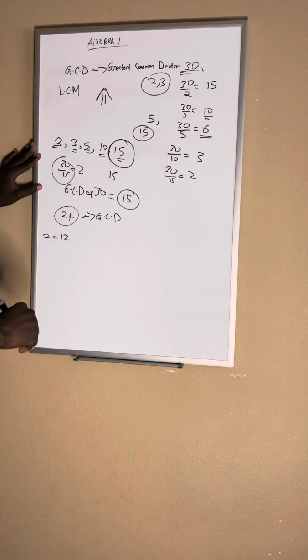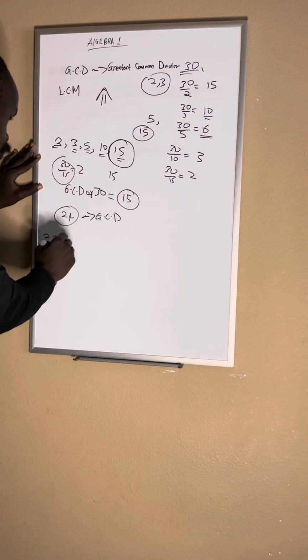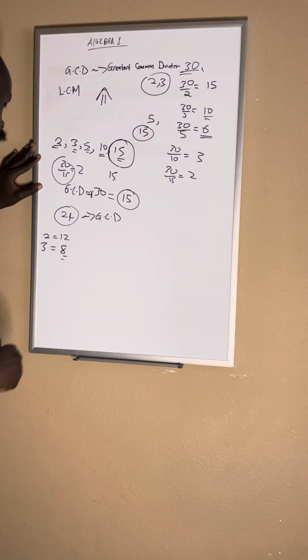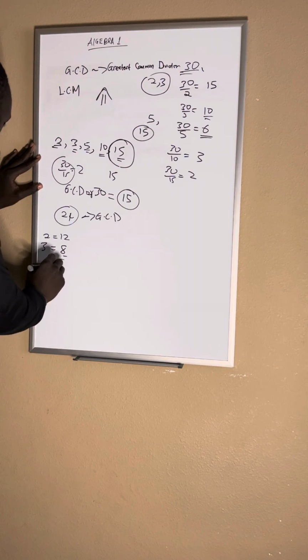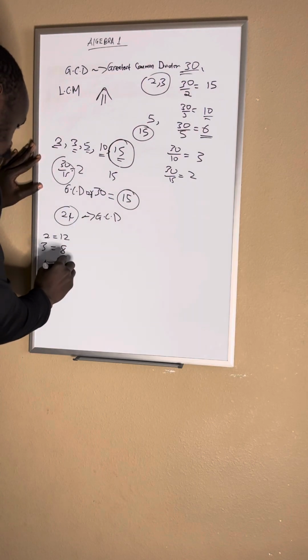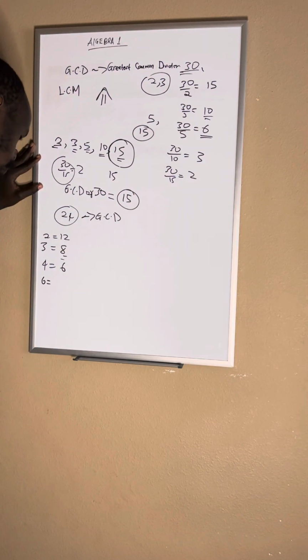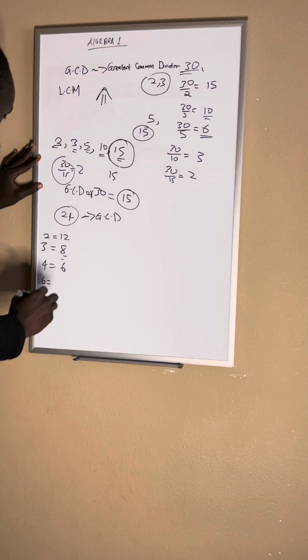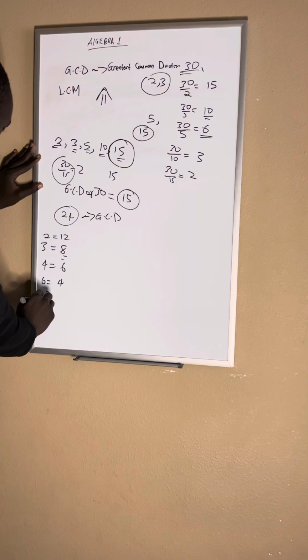The next number is what? 3. When you divide 24 by 3, what do you get? 8, okay? The next number is what? 4. When you divide 24 by 4, what do you get? 6. The next number is 6. When you divide 24 by 6, what do you get? 4. Our next number is 12, okay?